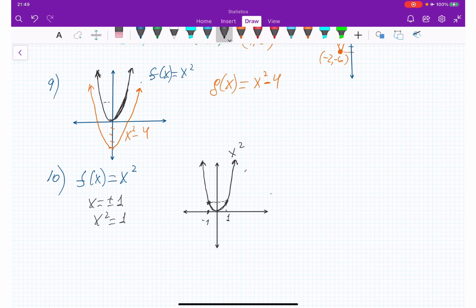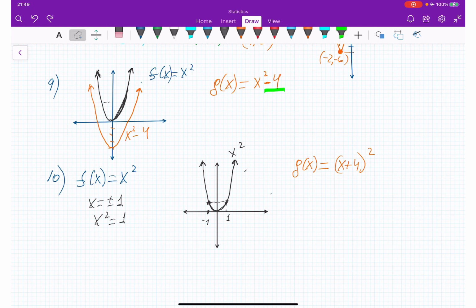Now our goal is to build g of x that is equal x plus 4 squared. Look at the difference. This is a change of x, not a change of y. Since we have plus 4, we have to take the graph and move it to negative 4.